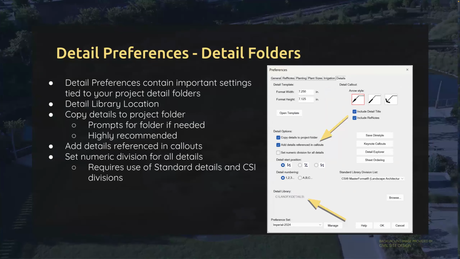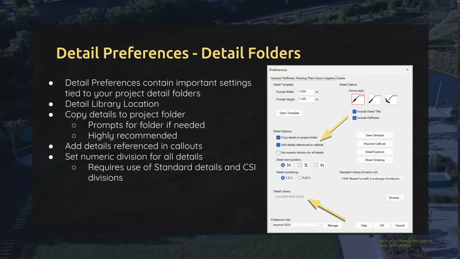But focusing now on detail preferences, we'll tie this back into the overall project organization and detail folder system because we have some key settings here that dictate how those systems work. A major setting that cannot be overlooked is the detail library location. It's here in the detail preferences that you connect Land F/X to your Land F/X detail library.